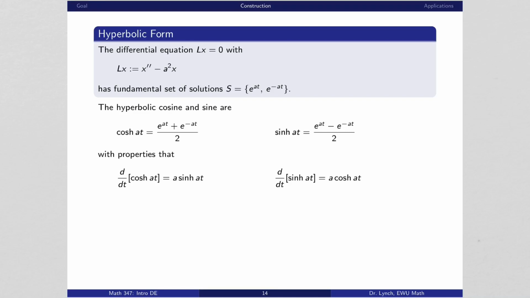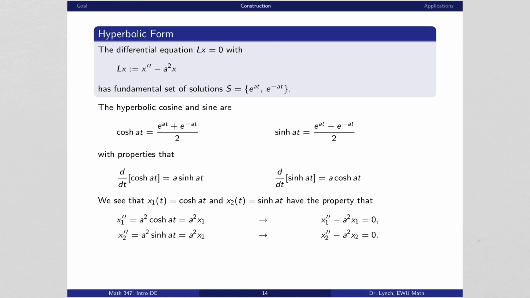Now, cosh and sinh have the property that their derivatives are related, namely the derivative of cosh at is given by a sinh of at, and similarly, the derivative of sinh at is given by a cosh at. And you can go ahead and convince yourself just by having a look at the derivatives of sinh and cosh in terms of those linear combinations of the exponential functions.